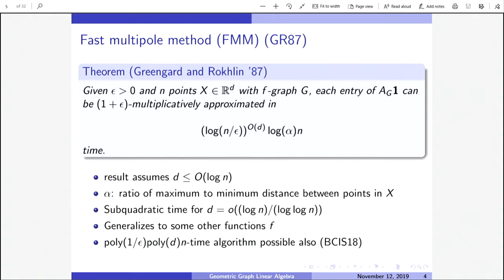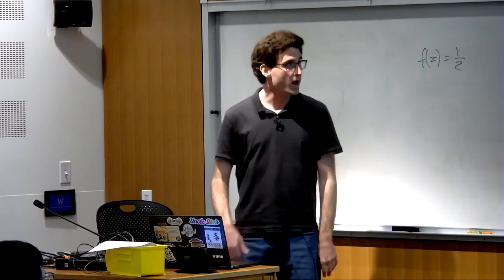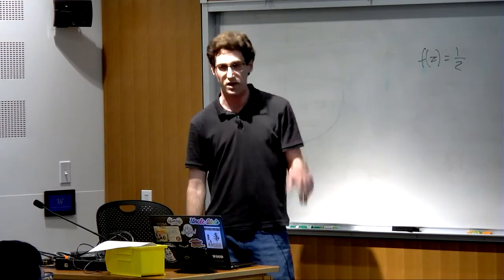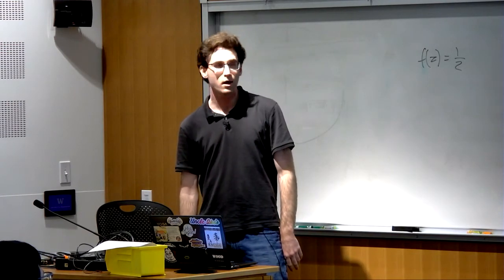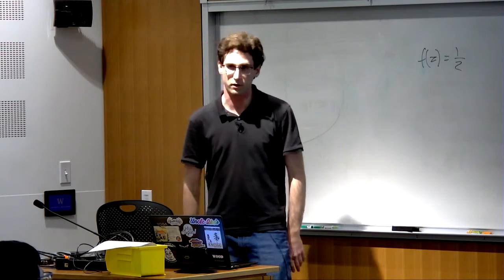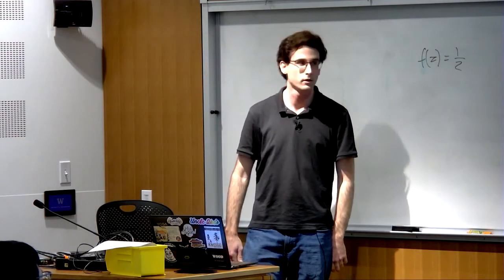This algorithm generalizes to some other functions f as well, which I'll talk about a little bit later. But one thing you might be a little bit annoyed with in this runtime is that it is exponential in d. This runtime suffers from the so-called curse of dimensionality.